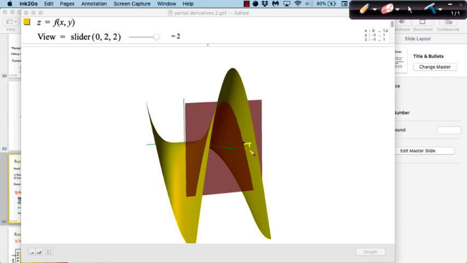It goes down a lot, right? If I let y increase a little bit, then my z is going to go down that much. What was our partial derivative with respect to y? Negative 3.5. So for every little change in y that I pick, the change in z is negative 3.5 times as much, going down.